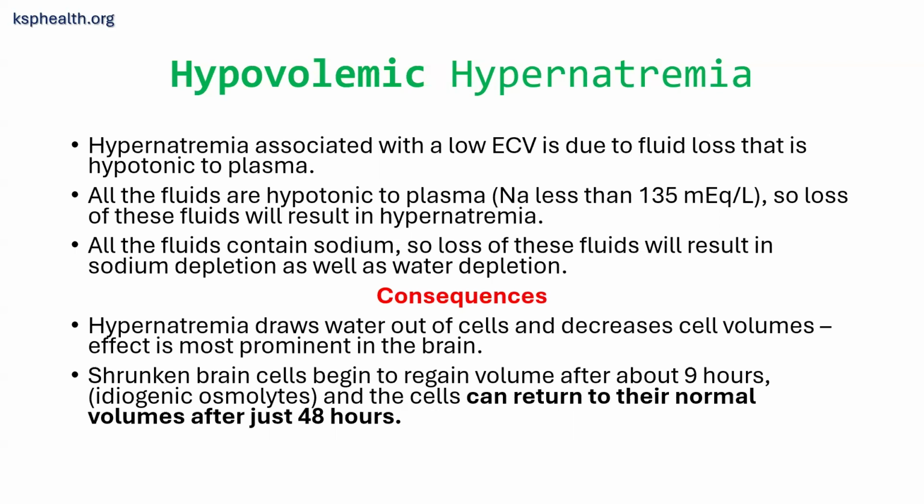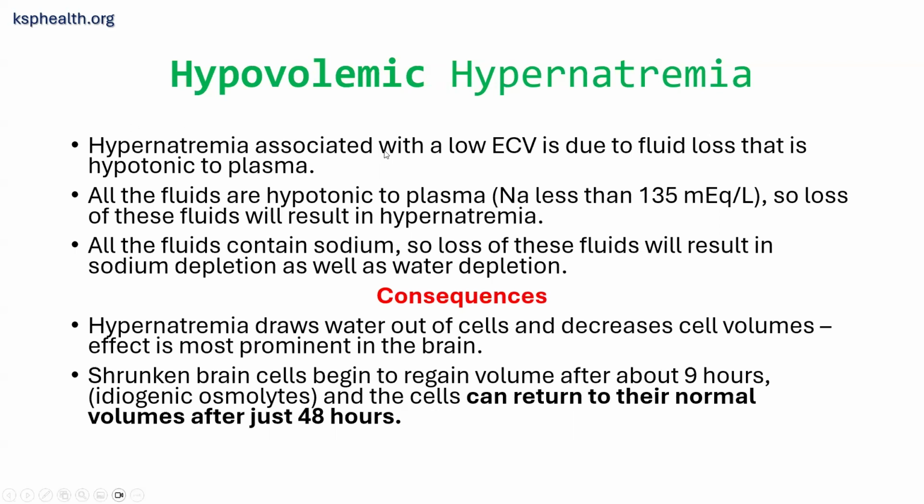In this hypovolemic state, they not only have low extracellular fluid volume, but the fluid loss which is causing the low extracellular volume is hypotonic to the plasma. As a result, the tonicity of the plasma goes up, resulting in hypovolemic hypernatremia.